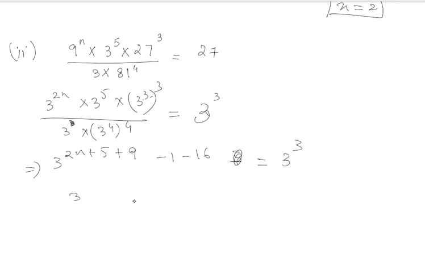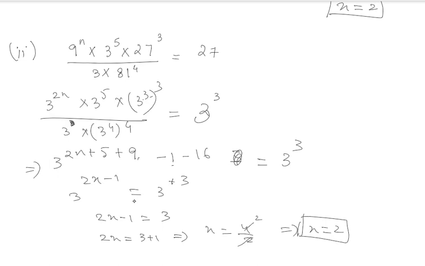So 3 to the power 2n plus 14, 9 plus 14 minus 1 is 15, 15 minus 16 is minus 1, is equal to 3 to the power 3 plus 3. Therefore 2n minus 1 is equal to 3, 2n is equal to 3 plus 1, implies that n is equal to 4 by 2, which is equal to 2. So the value is not x, rather n. Value of n is 2 for this equation to be valid.